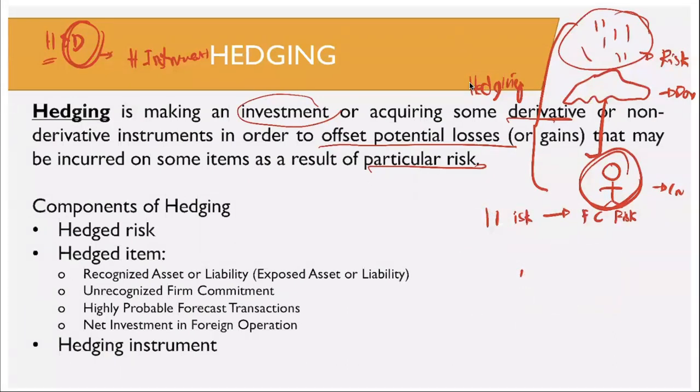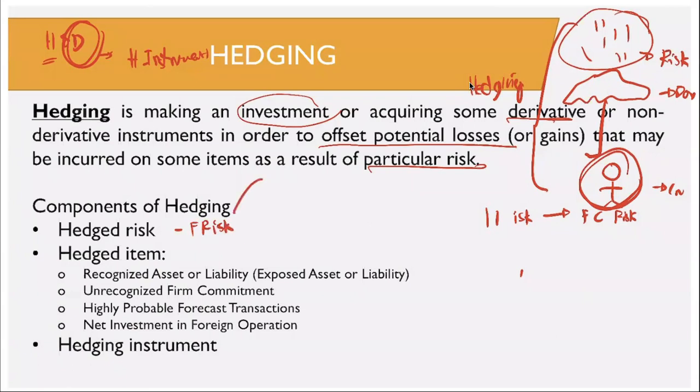The first component is the hedged risk. What is this hedged risk? This is any event which poses an adverse effect on the company. Generally, we call this financial risk.